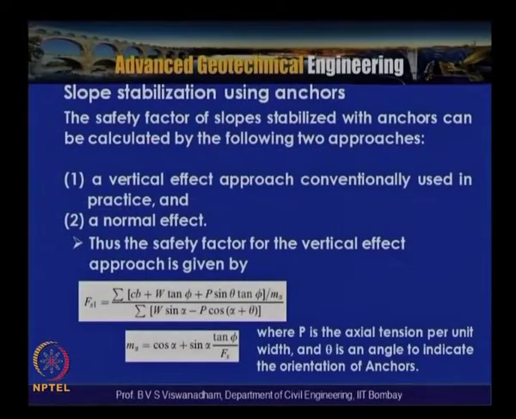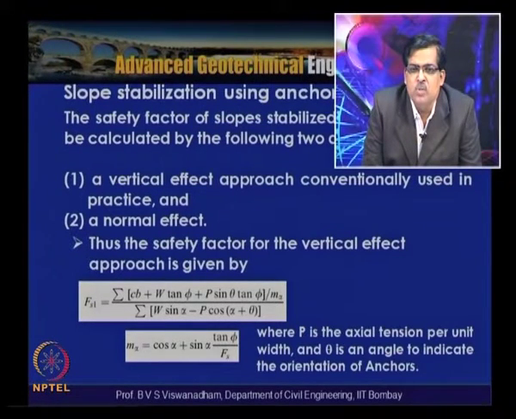The safety factor of slopes stabilized with anchors can be calculated by the following two approaches. The vertical effect approach is conventionally used in practice, and in the normal approach, we resolve P such that one of the components is normal to the slope surface.